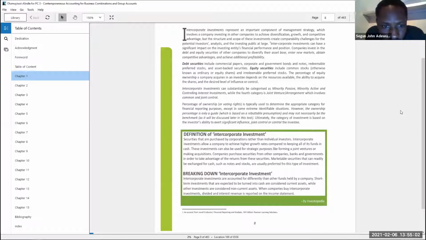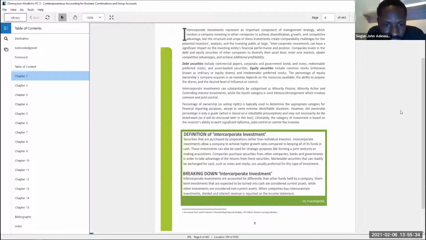However, the ownership percentage is only a guide, which is based on a rebuttable presumption and may not necessarily be the benchmark, as will be discussed later in this text. Ultimately, the category of investment is based on the investor's ability to exert significant influence, joint control, or control the investees.